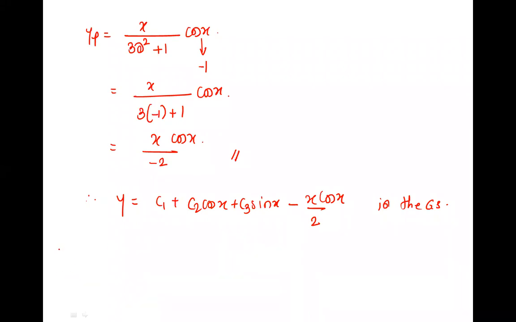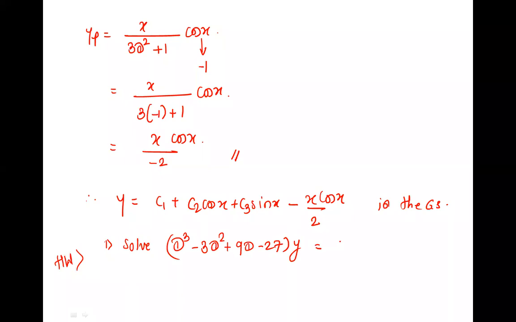Homework. Please try the homework. Solve D cube minus 3D square plus 9D minus 27 y is equal to cos 3x.